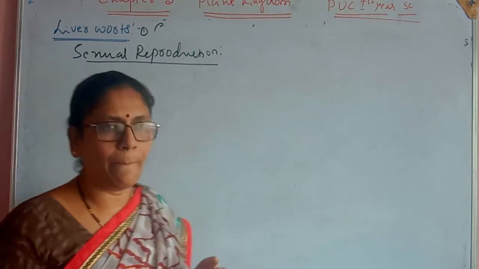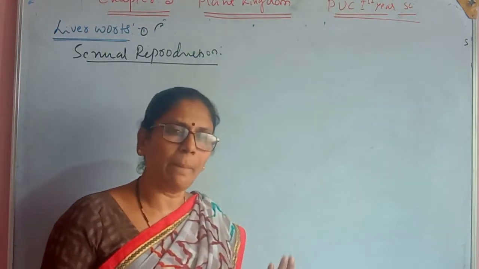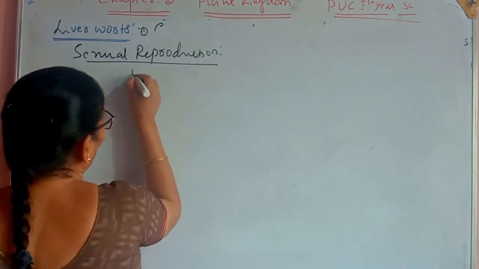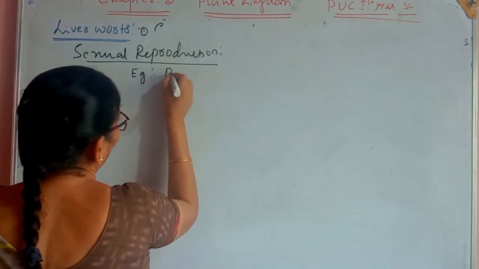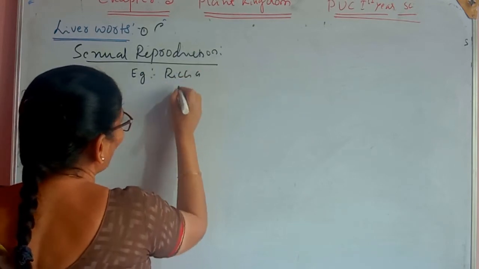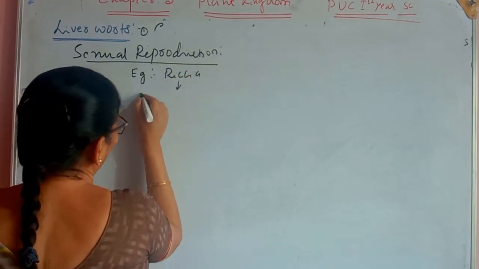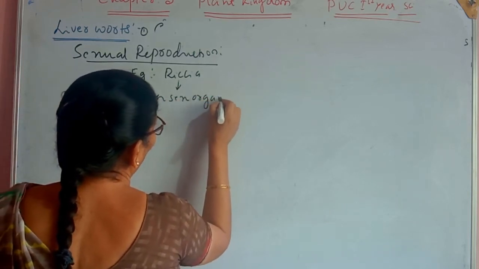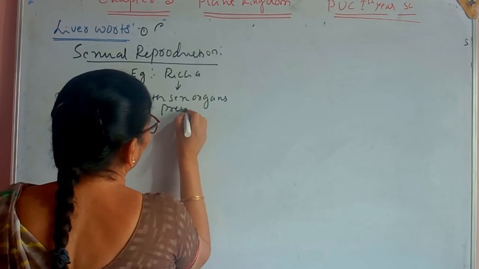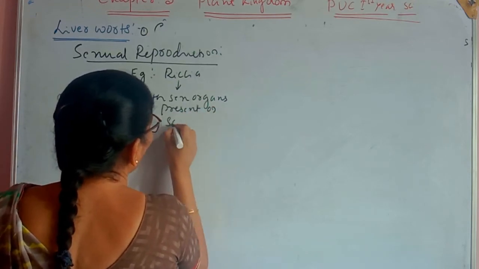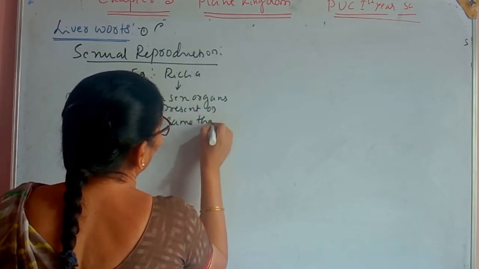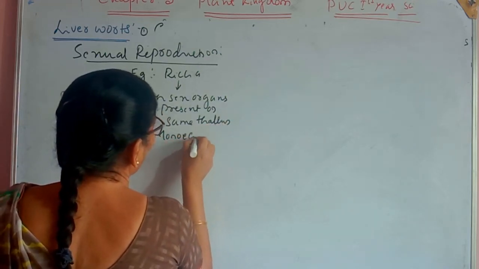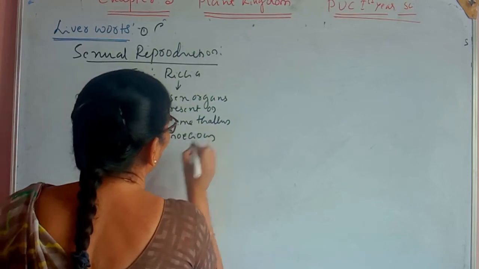Either they may appear on the same thallus or they may be present on two different thalli. For example, in the case of Riccia, both sex organs are present on the same thallus, which we call monoecious. Such thalli are called monoecious.